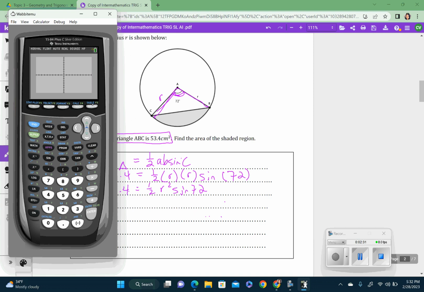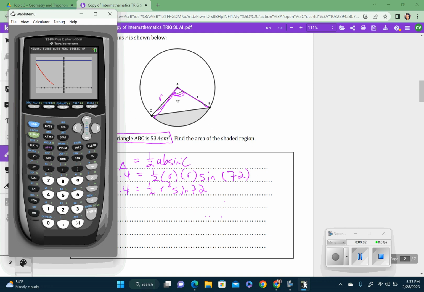What I want to do is see the point of intersection to find out what my R is. I know that my R is not going to be negative, so I'm going to hit window and change my Y max, since I know that my highest point is 53.4. Let me go 60 and see if I see it better. Good, there's my Y1, the 53.4, and there's my Y2.